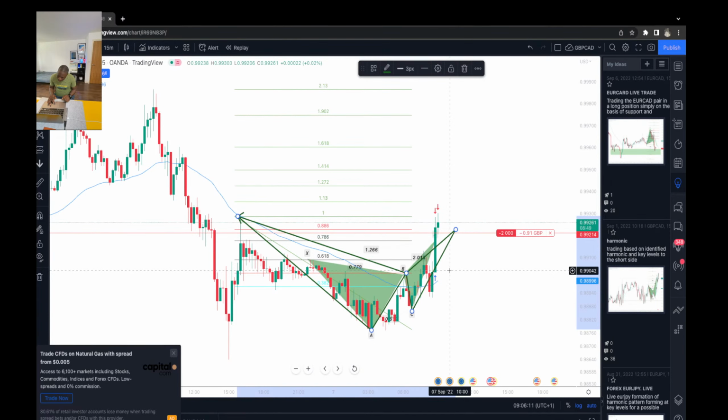However, if it's not valid, well, hopefully it is, but if it's not, my next point of call will be an extension pattern, which should be something like this.